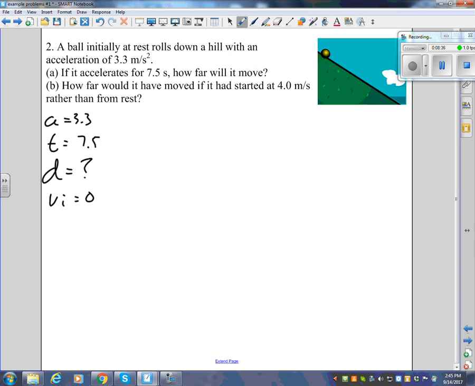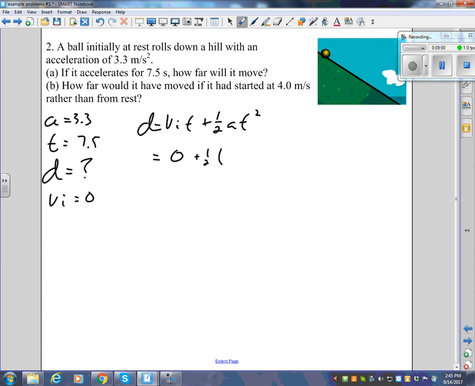So this leads me towards, again, d equals v_i t plus 1/2 a t squared. When the v_i is 0, things are nice, as I said earlier. You don't even need to worry about the time. 0 times whatever is going to be 0.